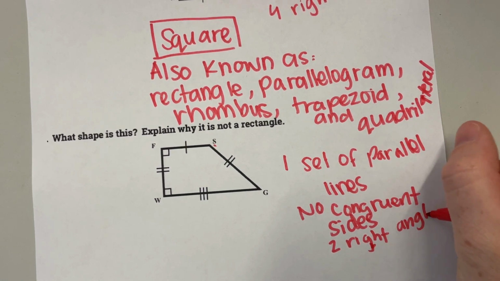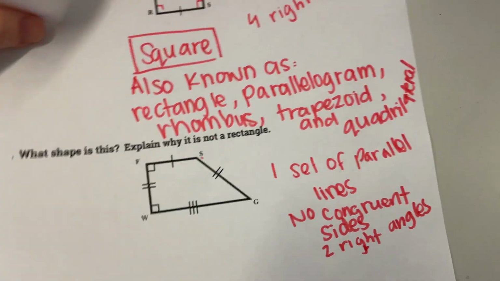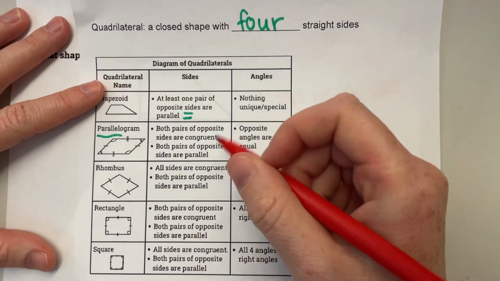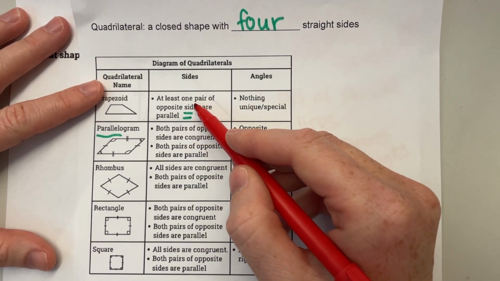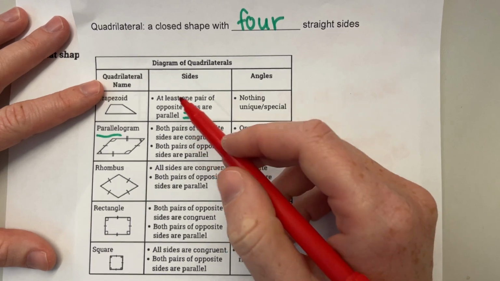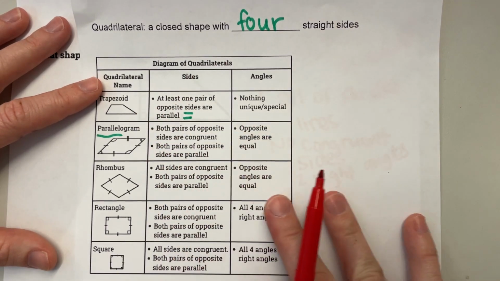Sorry about that. There are 2 right angles. So I'm going to look at my chart here, and there's only 1 pair of parallel lines. This one goes on to saying that there's 2 sets of parallel lines. So the only option is that it is a trapezoid.